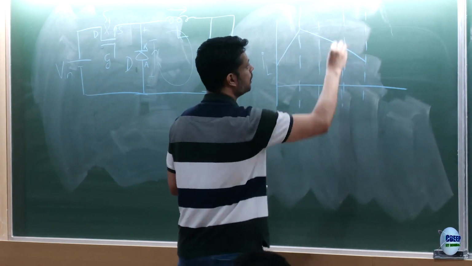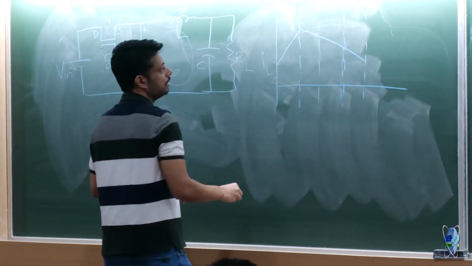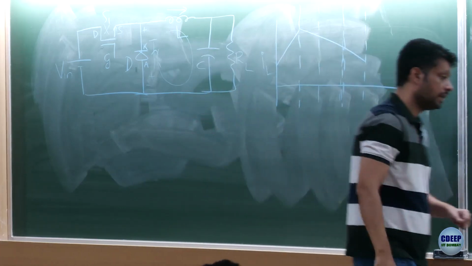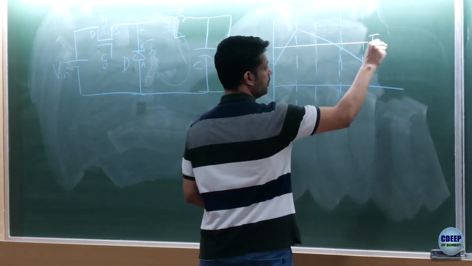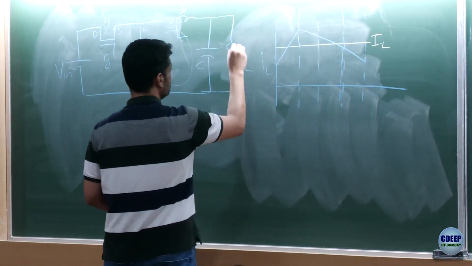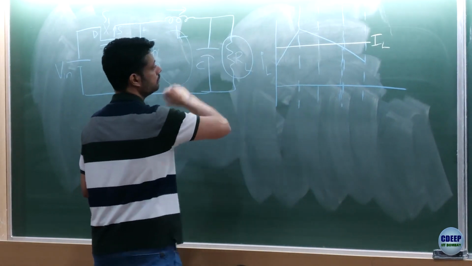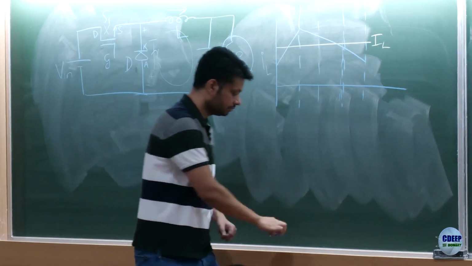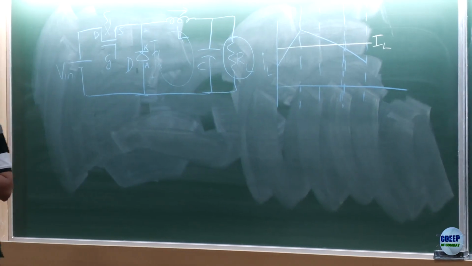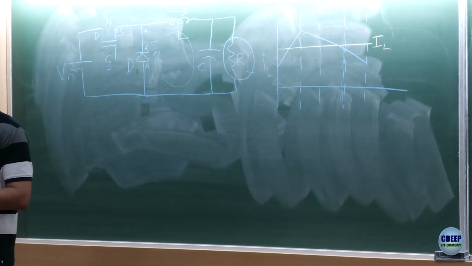Same case, D equal to 1 by 4. This is the inductor current, and this is the average value of the inductor current. The circuit is operational, right?